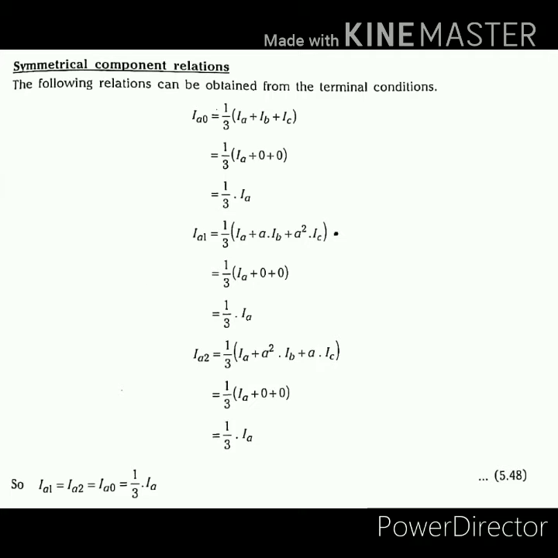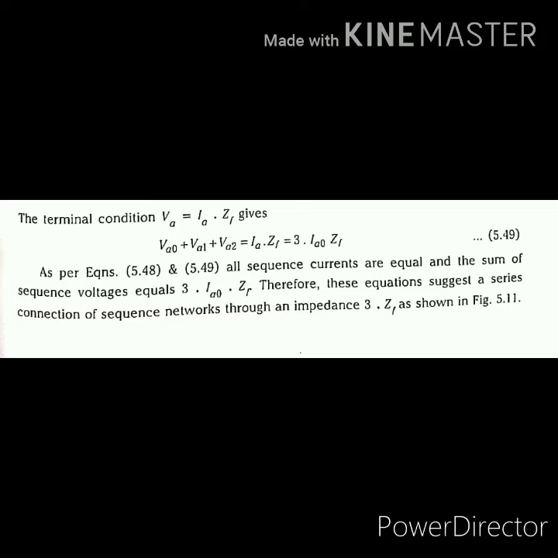Again, next we will calculate the symmetrical component relations. In that, first we will calculate all the sequence currents, and from equation 5.48 we can see that all sequence currents are equal. Now from the relation VA is equal to IA into ZF from 5.45 we get, so we know VA0 plus VA1 plus VA2 is VA.